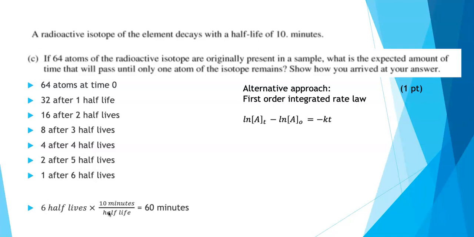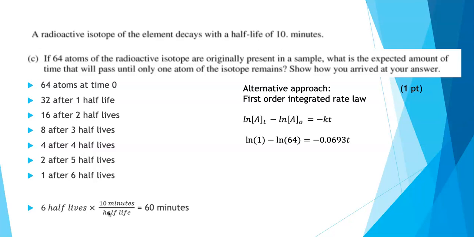So all we have to do is substitute in. The concentration at time t would be 1, whereas the concentration at time 0 would be 64. We can just put in the numbers of atoms. So I can take the natural log of 1 minus the natural log of 64 equals negative 0.0693 times t. I'm solving for t.